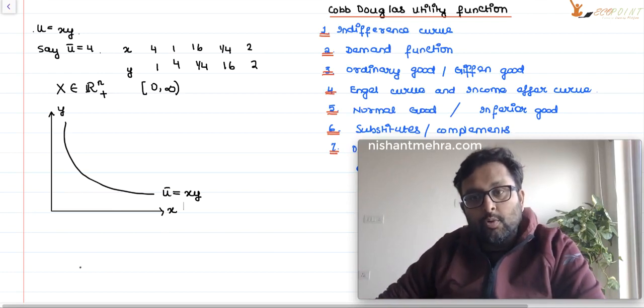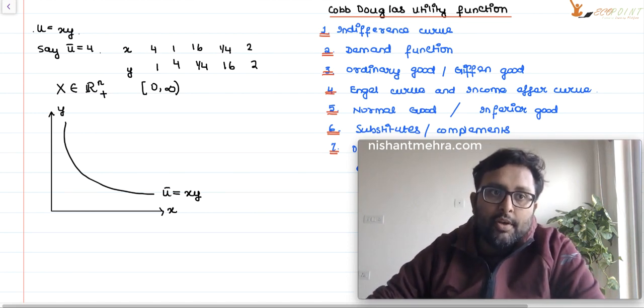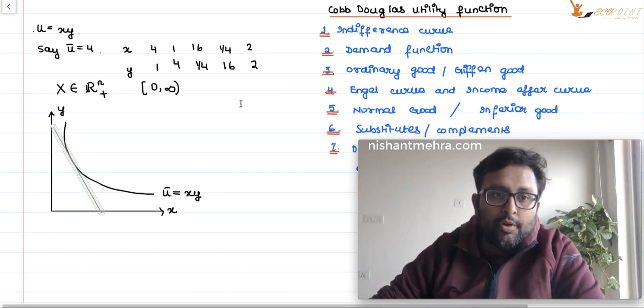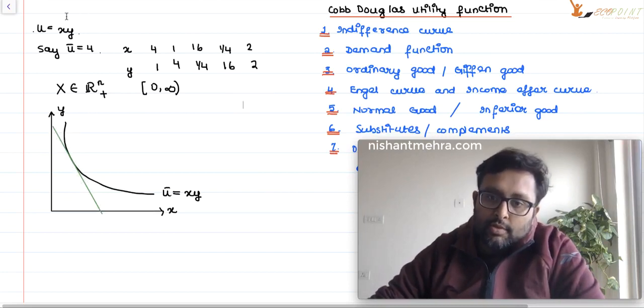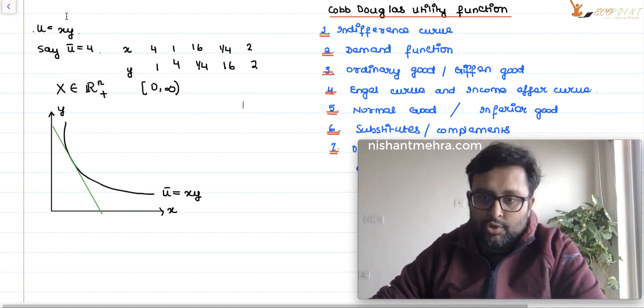Well, how do you find out where exactly you're going to consume? Supposedly, if this green line would have been your budget line, you ask yourself what is the highest indifference curve you can draw, because this budget line is given to you.